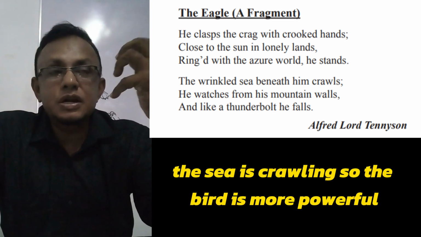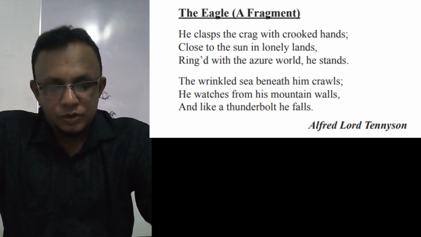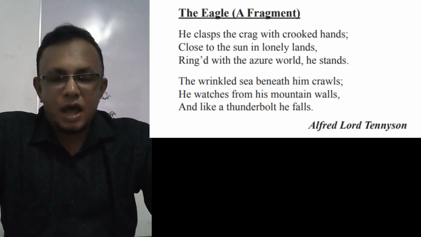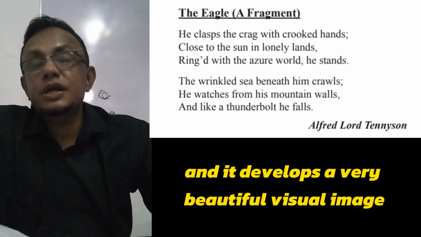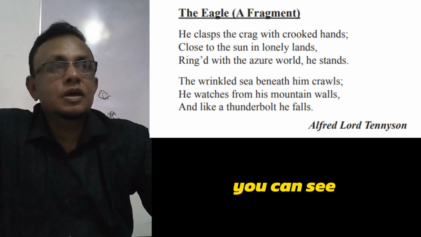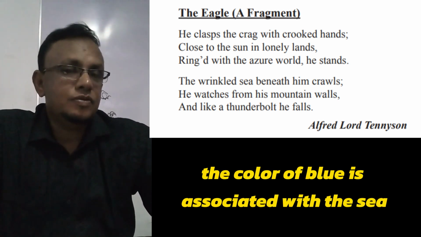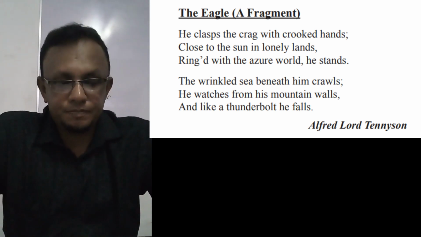So the bird is more powerful. So we have to remember these techniques, and it develops a very beautiful visual image. You can see the color blue is associated with the sea and the sky.